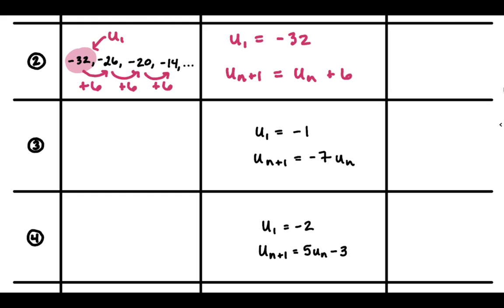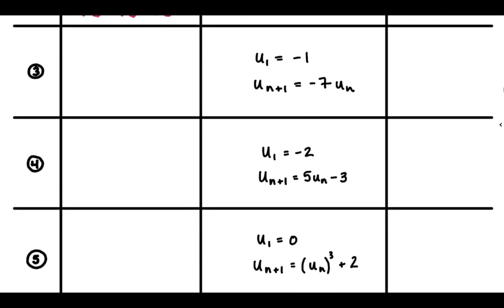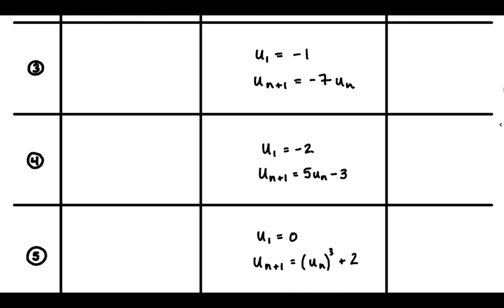This is an adding sequence. We're only adding the same number every time, so that means it is arithmetic. Okay, now we're going to do some where we go from the formula to the sequence. We can always get our first term for free. We know that's our first term.